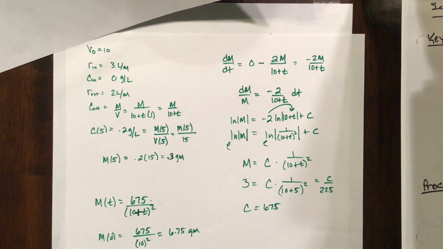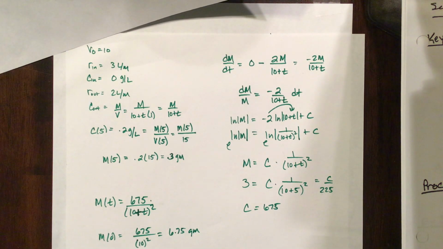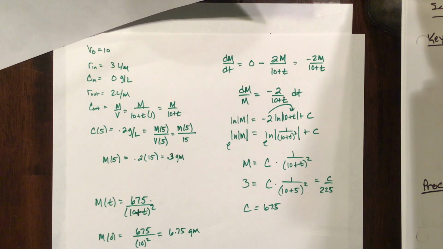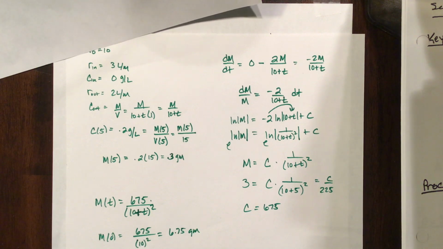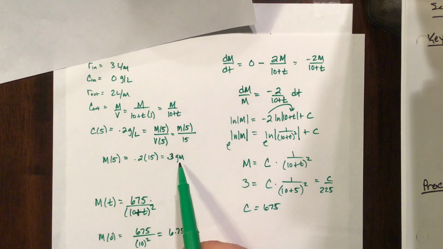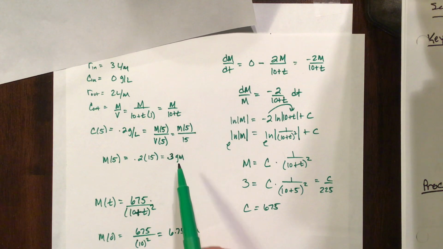Okay. So does that make sense? At time equals 0, there's 6.75 grams of salt in the tank. At time equals 5, there's 3 grams of salt in the tank. So it's less salty after 5 minutes.